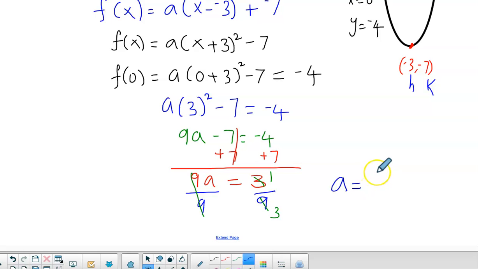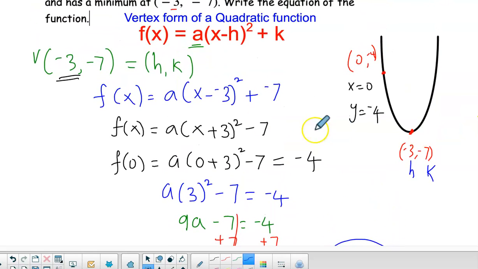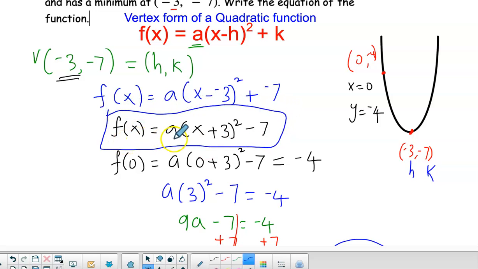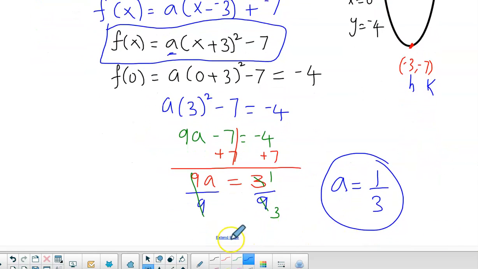So a is equal to 1/3. This is the value of a, and that value goes back into the function. Let us substitute a = 1/3.